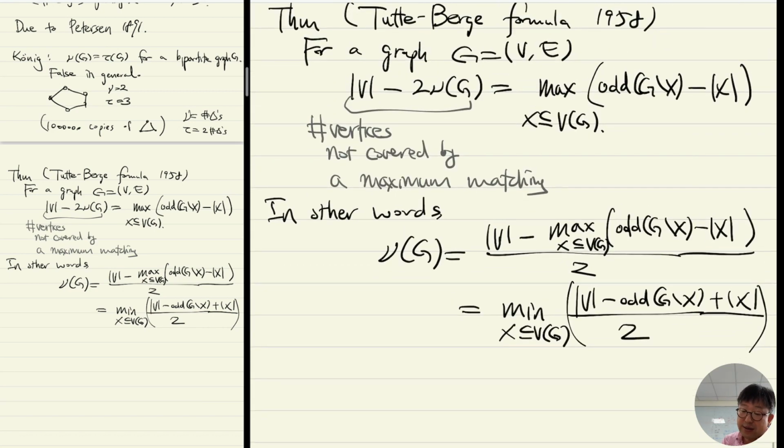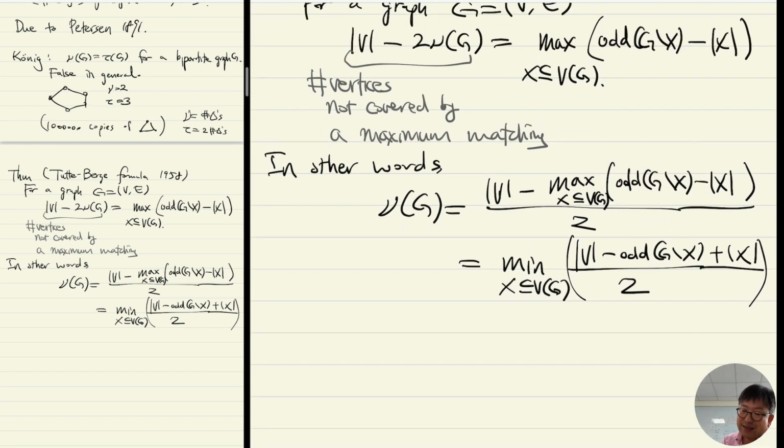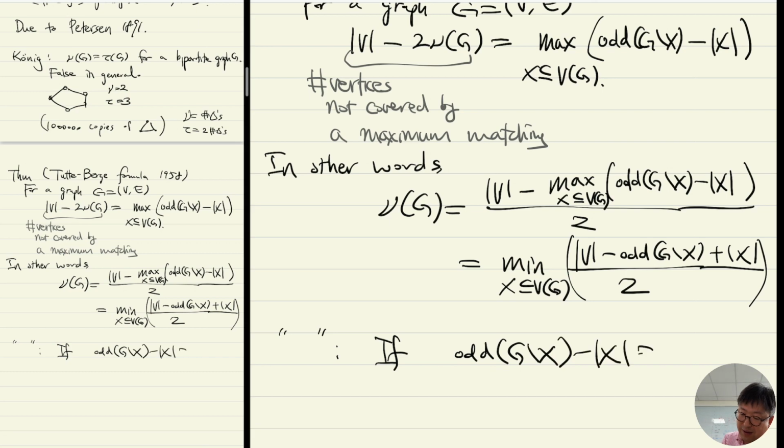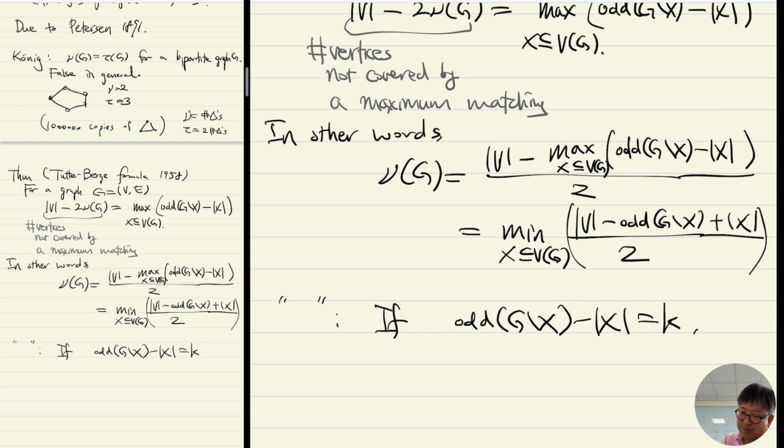Why is this interesting? Why is this reasonable? So one direction is easy to see. Which direction is going to be easy to see? So let's see this lower bound. Suppose this number is K. What does that mean?